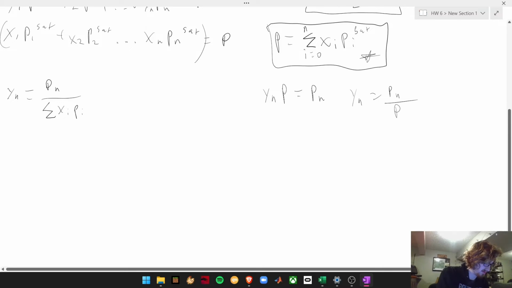And I'm going to leave out some of the fancy math stuff just for the sake of time. So again, rewriting this, you can say that yn is going to be equal to the liquid phase mole fraction times the saturation vapor pressure of that substance, divided by our equation for pressure.